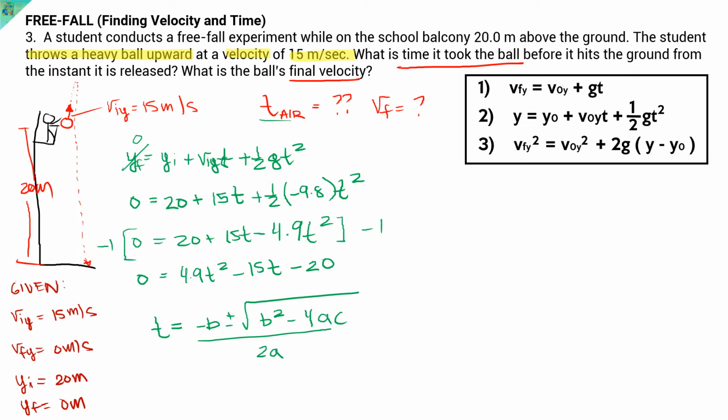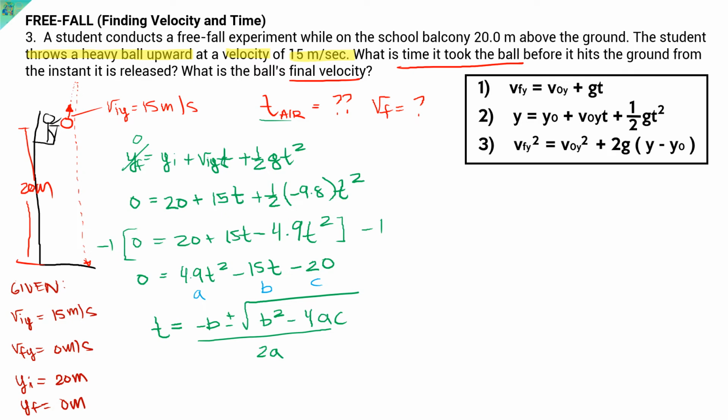Using our quadratic equation here, this 4.9t squared will be our a, this 15t will be our b, and this 20 will be our c. These are the values that we're going to plug in here.